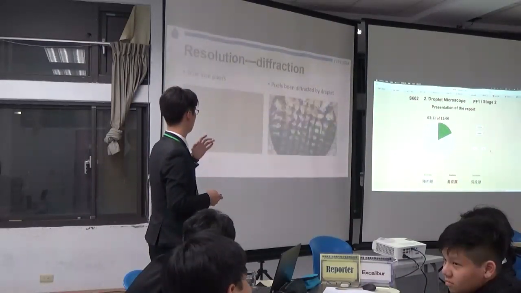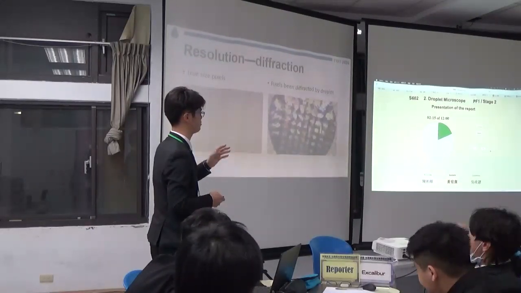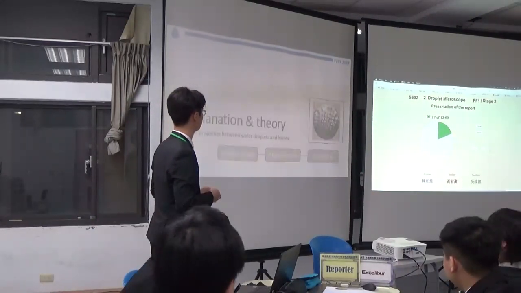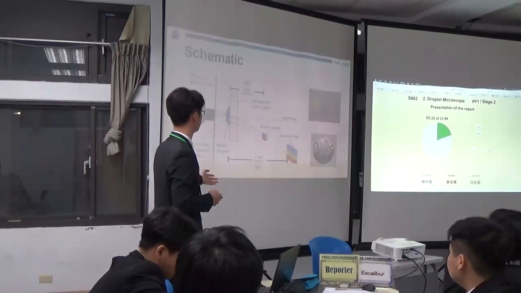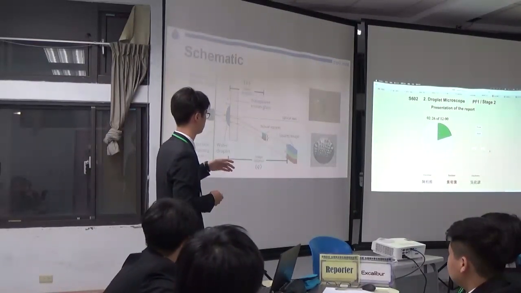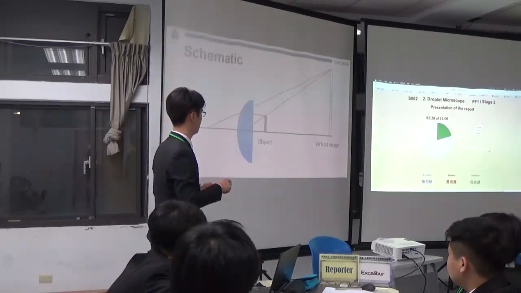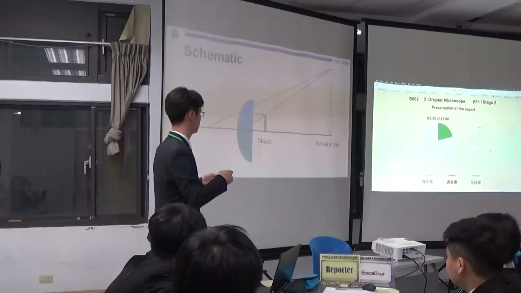On the left is the true size pixels, and on the right is the pixel which has been deflected by the droplets. Okay, and this is the schematic of my experiment. First, I set the object distance as P and the image distance as Q. And this is how the image forms. It's actually the virtual image on the same side as the object.